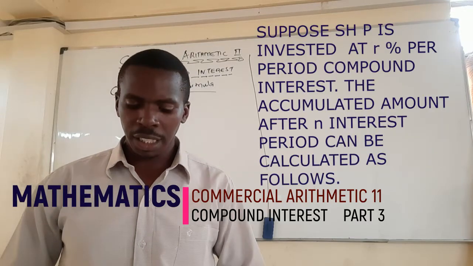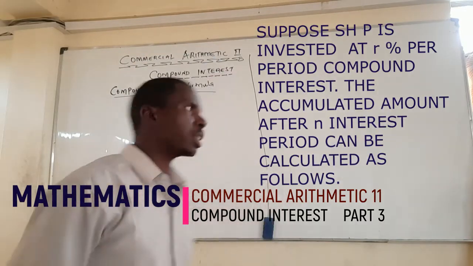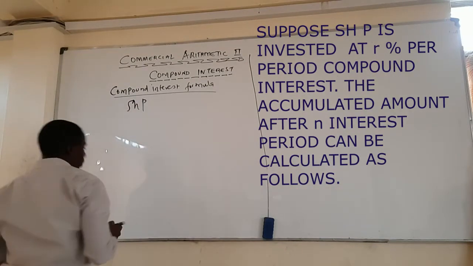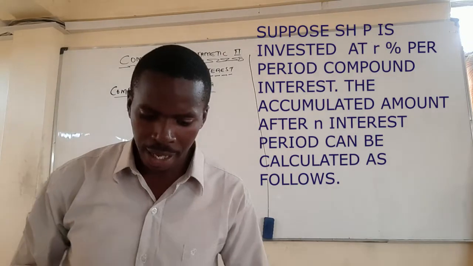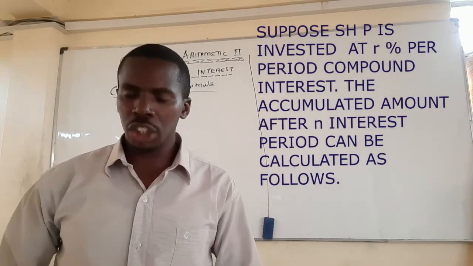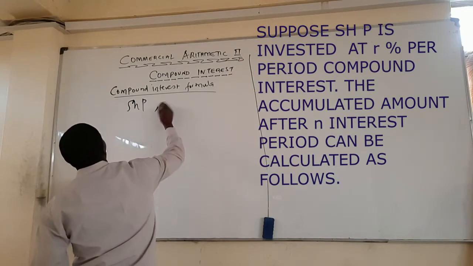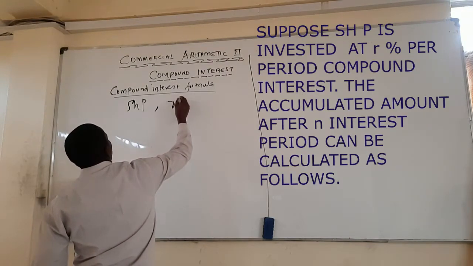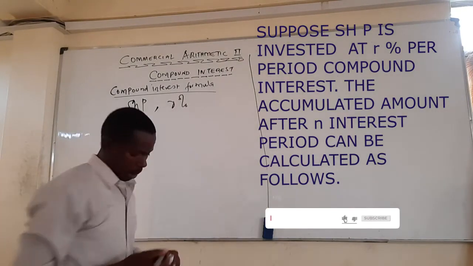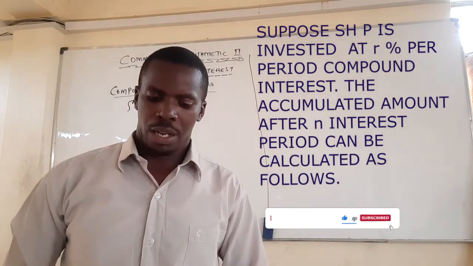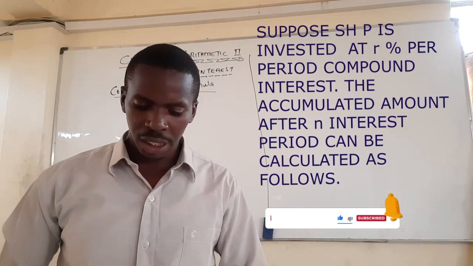Let's have a scenario here. Let's suppose that we have P shillings invested at R% per period compounded interest.